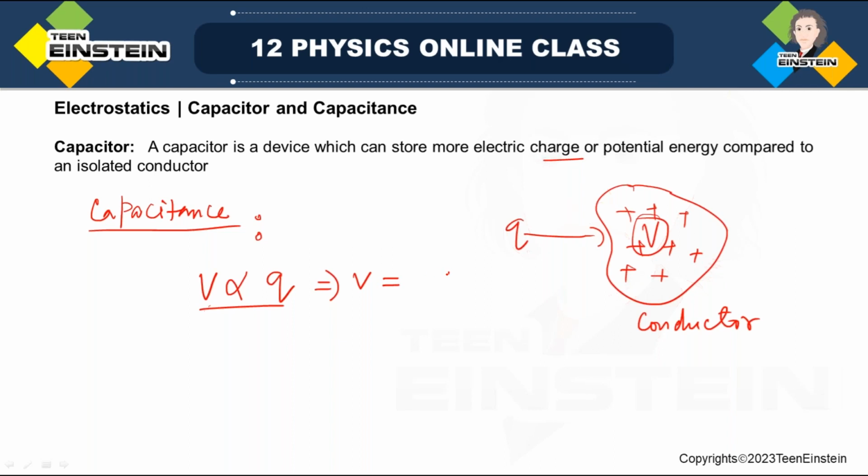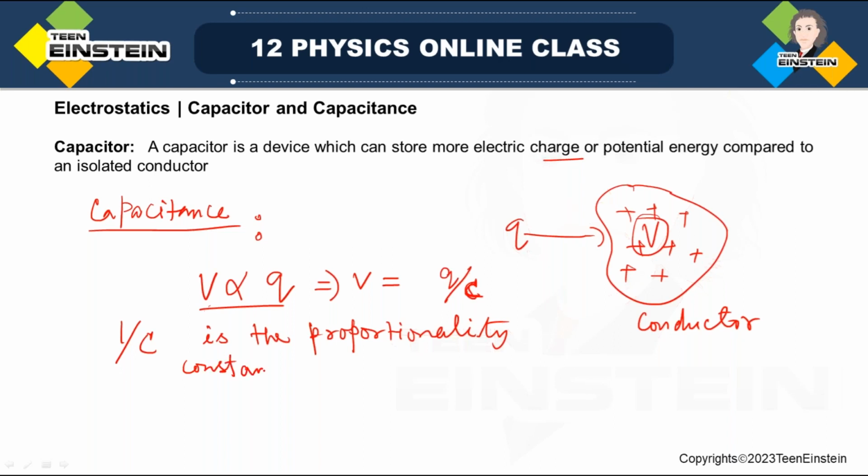So I'll write V is proportional to Q, but always there will come a proportionality constant, and here suppose it is 1 over C. So 1 over C is the proportionality constant.